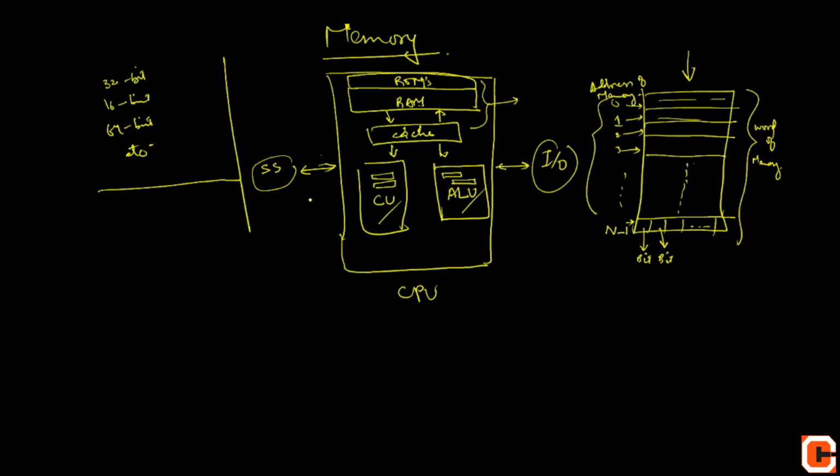Since I have told you about the structure of the memory in the CPU and its word size, different word sizes, I want to tell you there are many types of memory chips. So I will tell you one by one.